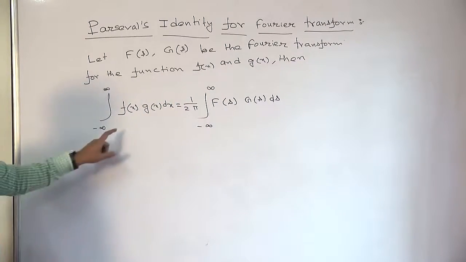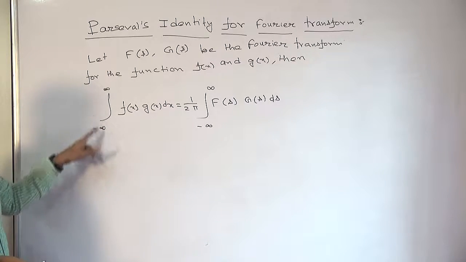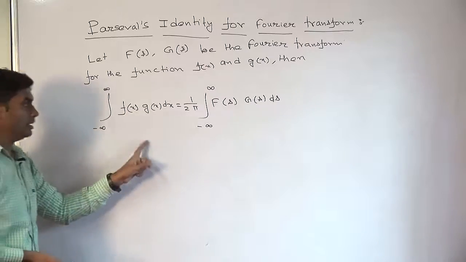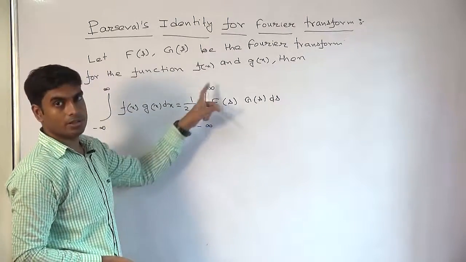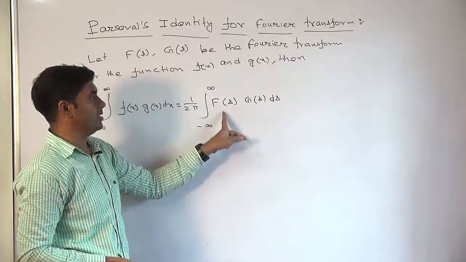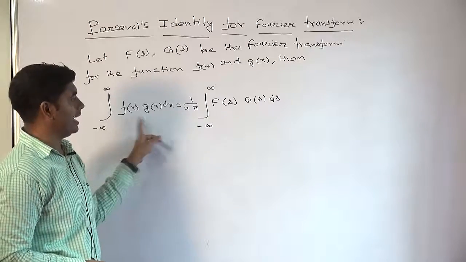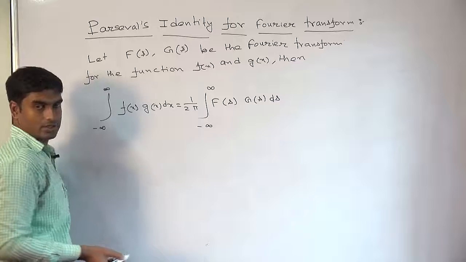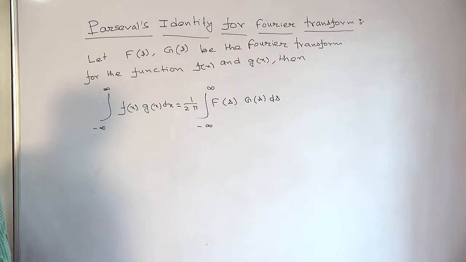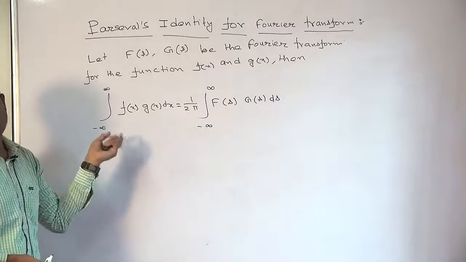So it's saying that the product of the two functions and their integration over the whole range, minus infinity to infinity, is equal to 1 by 2 pi times the integration from minus infinity to infinity of F(s) and G(s). F(s) and G(s) are the Fourier transforms for the function f(x) and the function g(x).